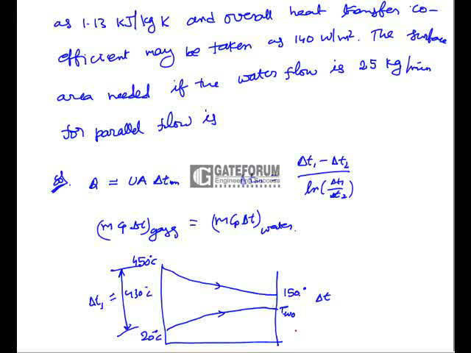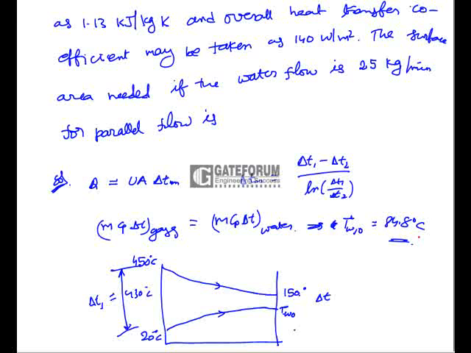Tw0 can be calculated using the relation m Cp ΔT of gases equal to m Cp ΔT of water, that is, the heat gained by the water is equal to the heat lost by the gases. By using this relation we can calculate the exit temperature, which is 84.8 degrees centigrade.